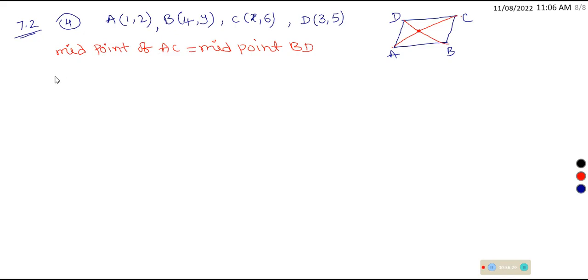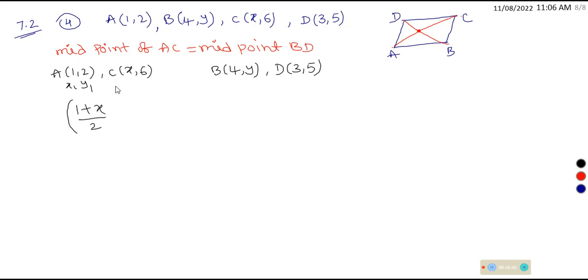Now A means (1, 2) and C means (x, 6), and B means (4, y) and D means (3, 5). So now the AC midpoint means x1 plus x2 by 2, that is 1 plus x by 2, and y1 plus y2 by 2, that is 2 plus 6 by 2.